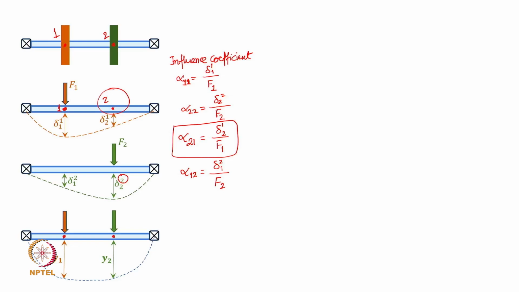Okay. So, due to force F 2 the deflection at location 1 is through the influence coefficient alpha 1 2.